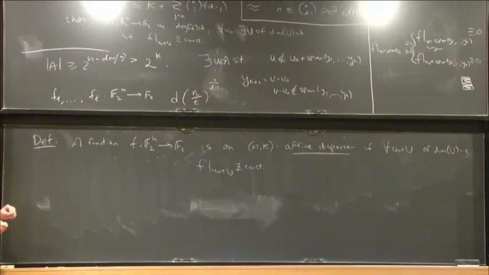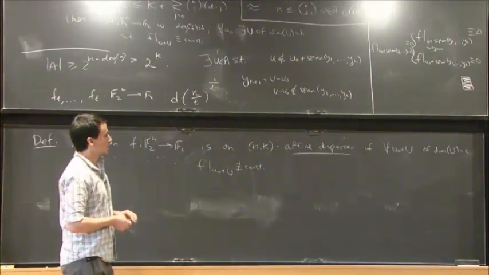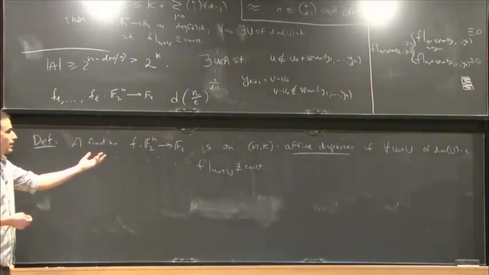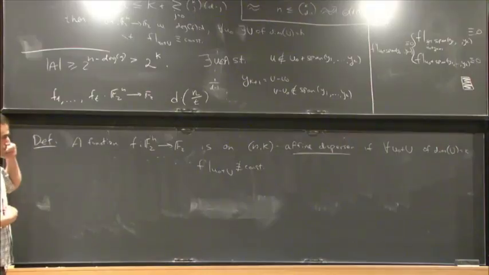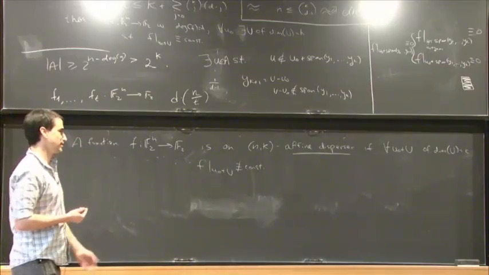Okay, and this is a pseudo-random object. So in some sense, we can state our main theorem in the language of pseudo-randomness, in the language of affine dispersers.